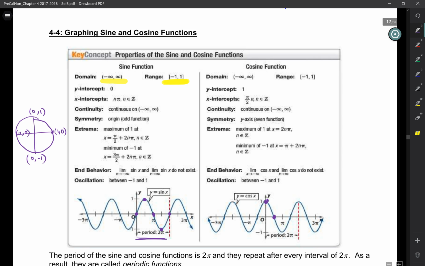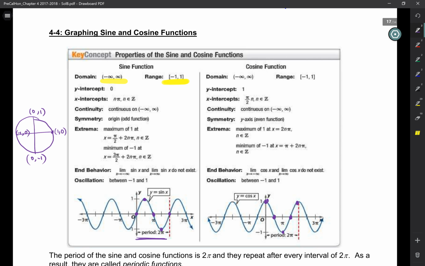When I'm at pi, how much is the cosine? That's the x-axis, negative 1. At 3 pi over 2, cosine is 0. And at 2 pi, cosine is 1. Do you see how the unit circle correlates exactly with an xy-axis representation?